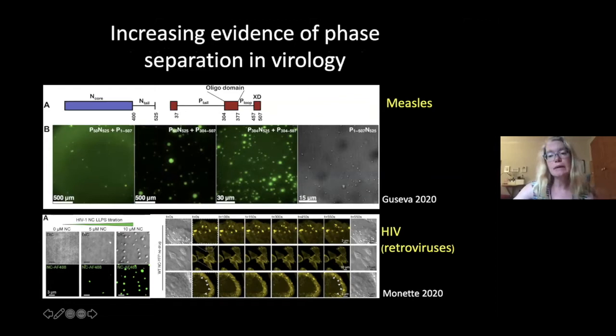Similarly, the Gag protein from retroviruses, here HIV, is able to self-assemble into these liquid-like compartments. Here you can see this being reconstituted in vitro and also in cell expression studies.